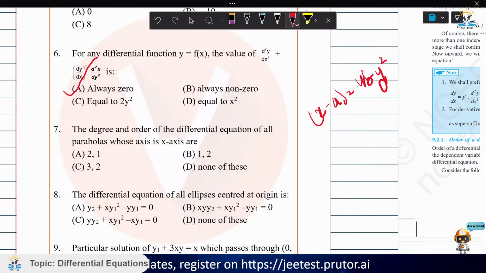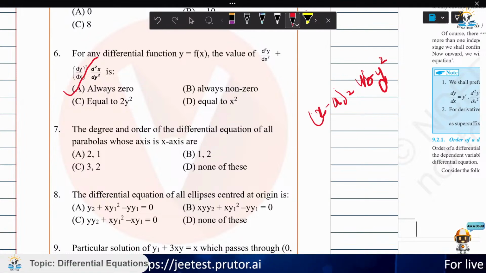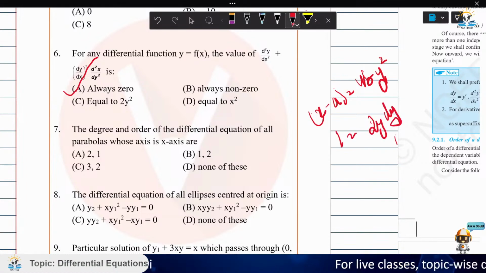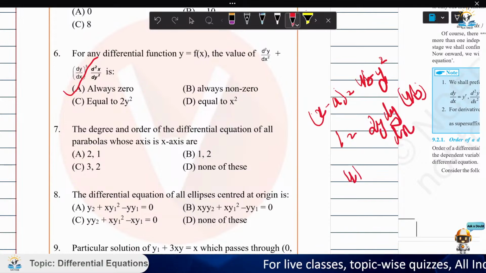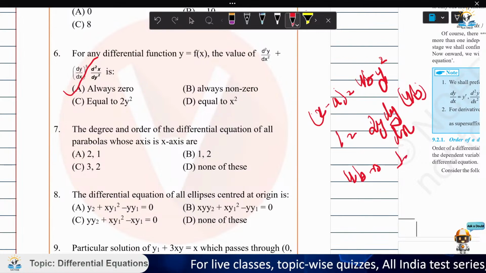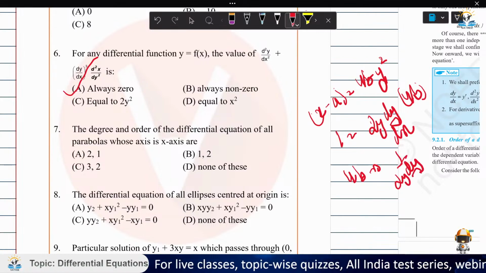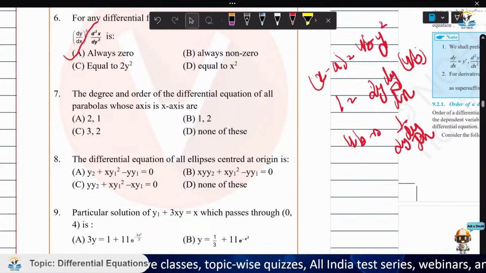So now we have to find degree and order, right? So let's differentiate. Now we substitute the value.